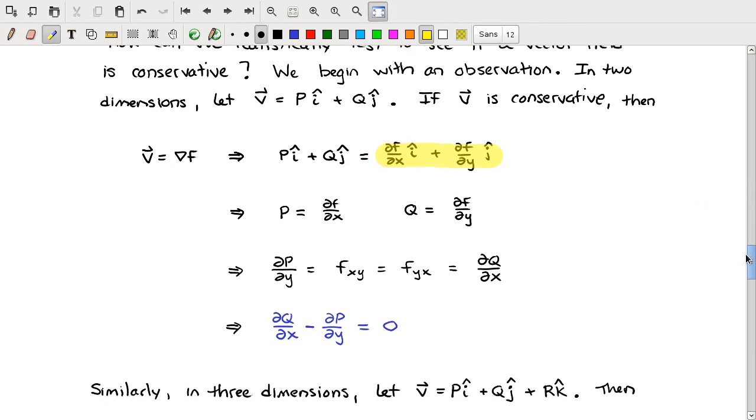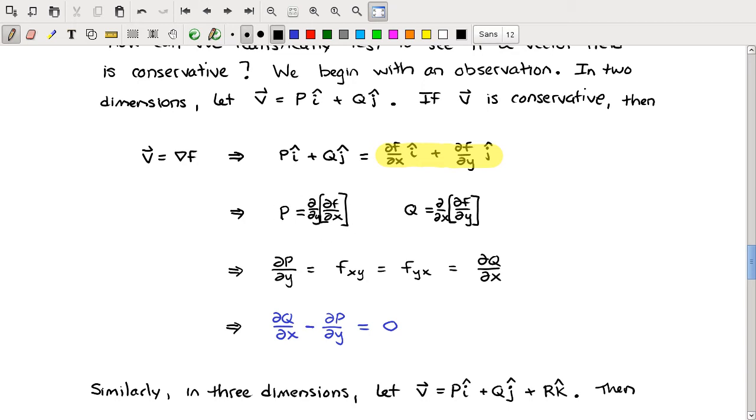If the vector field is continuous and differentiable, then we should be able to change the order of multiple partial derivatives, which suggests the following test. Let's take the y derivative of this first term, d by dy, and let's take the x derivative of this term, and they should be equal.